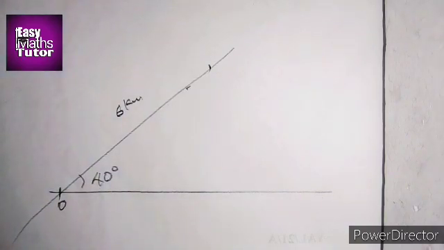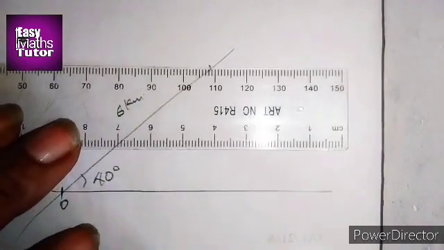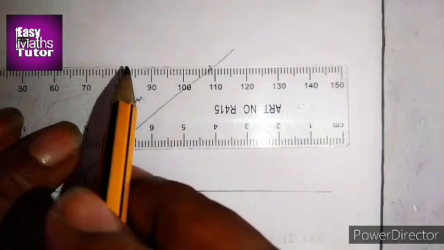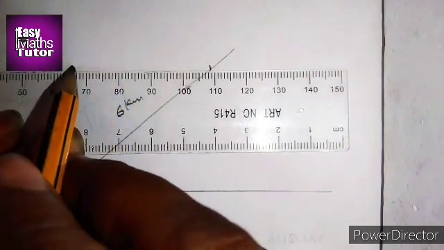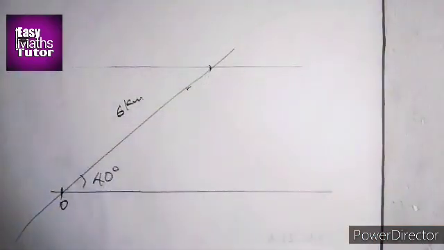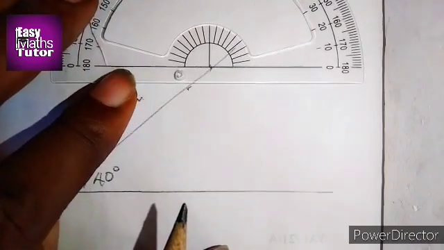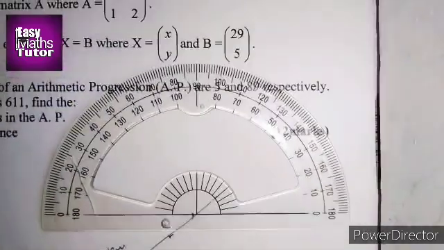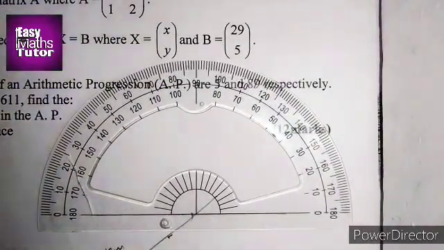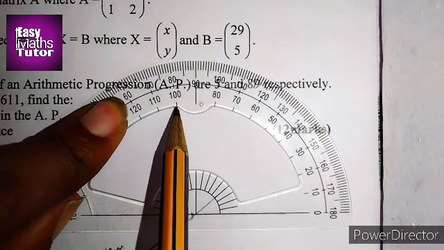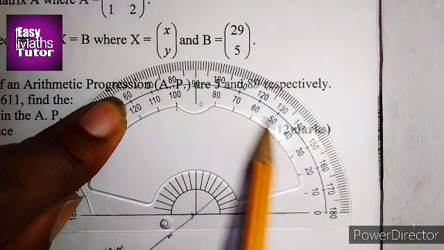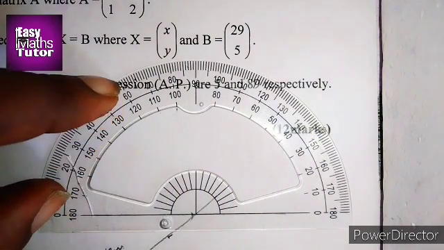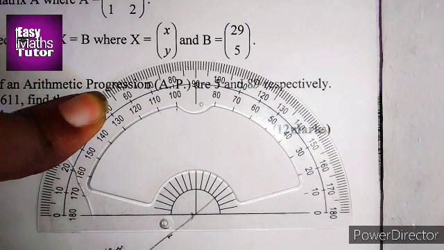At 40 degrees, and then another 8 kilometers. So we have another origin parallel at the second point of the boat. We're going to measure 100 degrees. So this is 100 degrees.